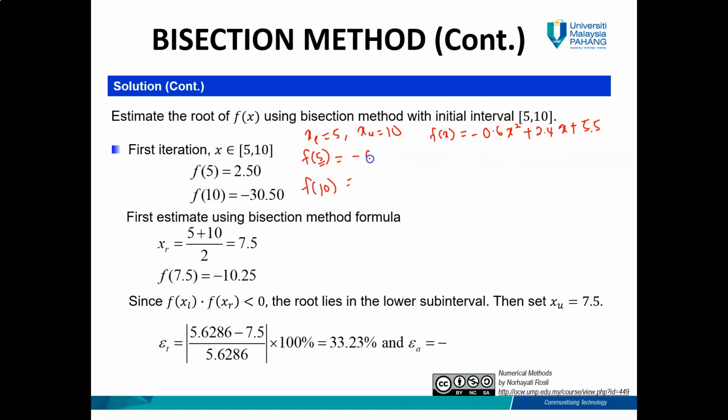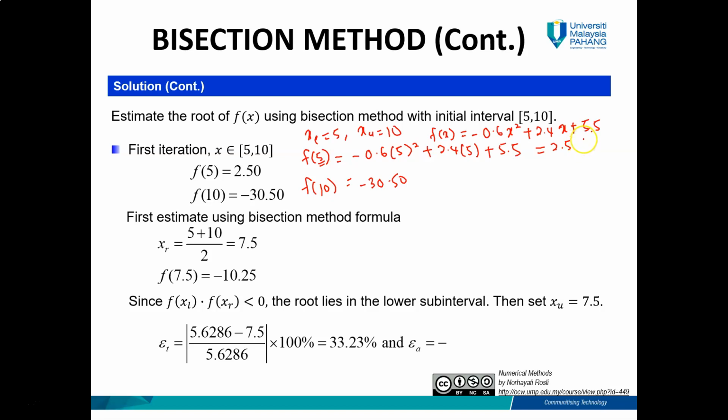We'll have negative 0.6 times 5 squared plus 2.4 times 5 plus 5.5. When you solve this using your calculator, you'll get the answer 2.5. We do the same for f(10), but now we substitute x with 10. When you substitute x with 10 and use your calculator, you'll get negative 30.50.